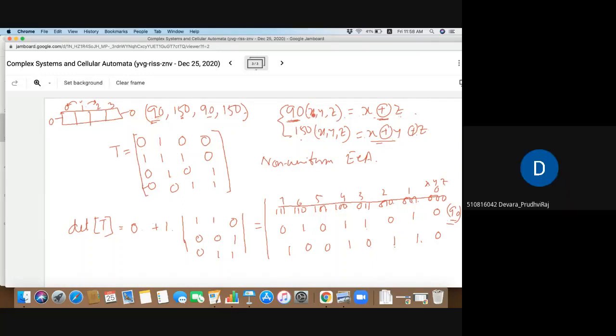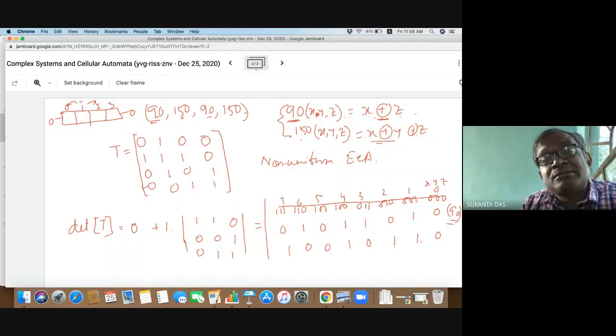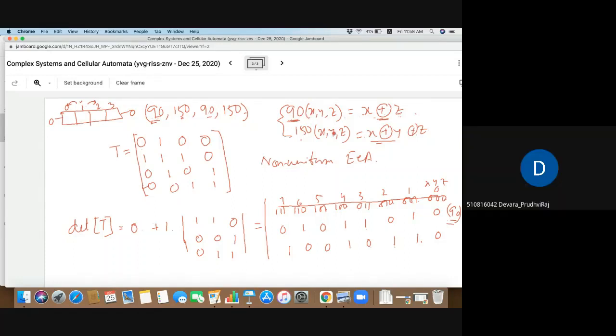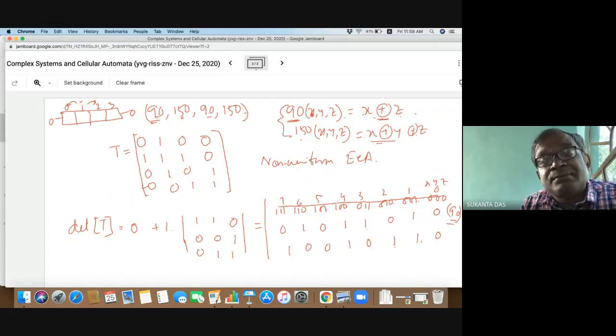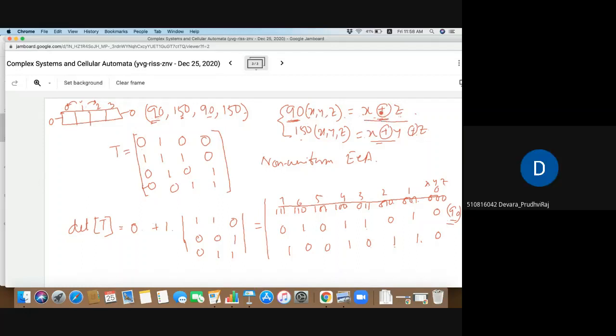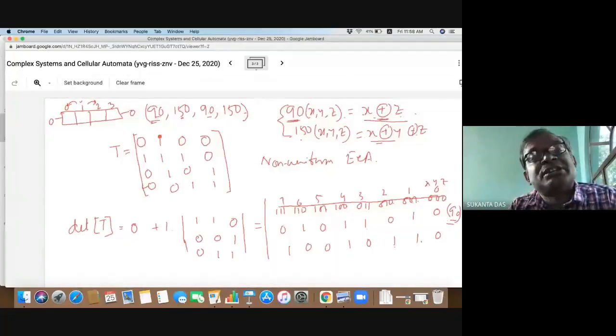So here, what happened is x XOR y XOR z. Here x is the left neighbor, y is the self, and z is the right neighbor. So it shows that a cell depends on its neighbors. If cell i depends on cell number j, I put 1 in the matrix.